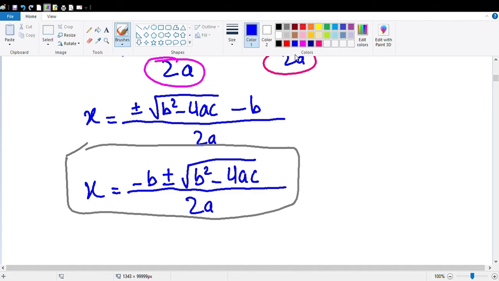Sometimes some method might not work, so that's when the others come in handy. If you have a go-to method, for example the quadratic formula, the factorization method, or the completing the square method, and it doesn't work sometimes, then you can use any of the other ones.